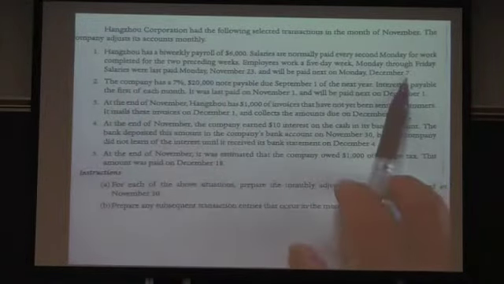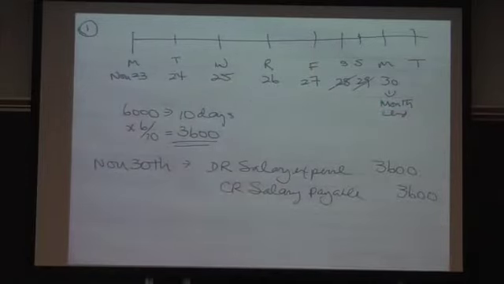And that is what we call an adjusting entry, an accrual entry, because we're trying to capture the expense for the period of work, irrespective of when it's paid. The fact that we have incurred the benefit of our employees working for those 6 days up to the month end means that we need to record a salary expense.